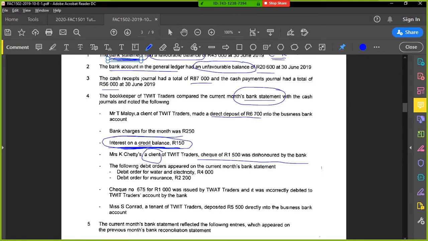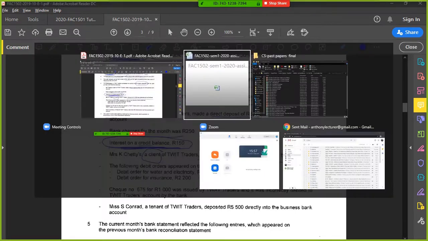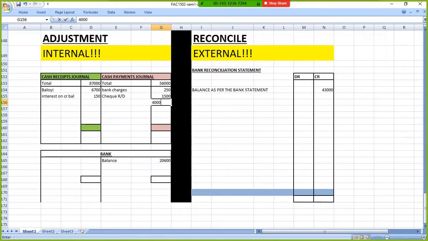Okay, next. The following debit orders appeared on the bank statement. Adjust to reconcile. Adjust. Receipts or payments? Payments. Good. Water and electricity and insurance.